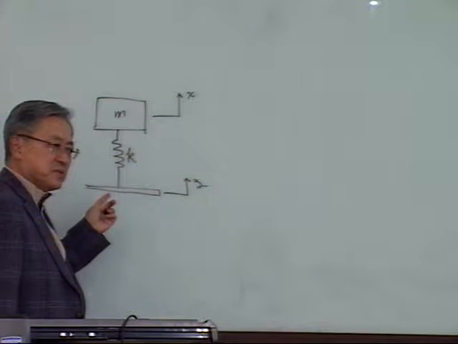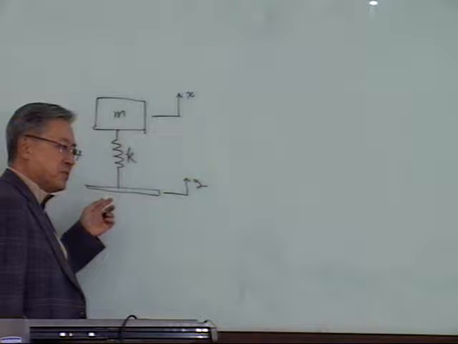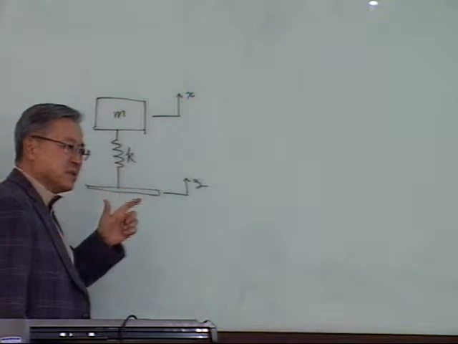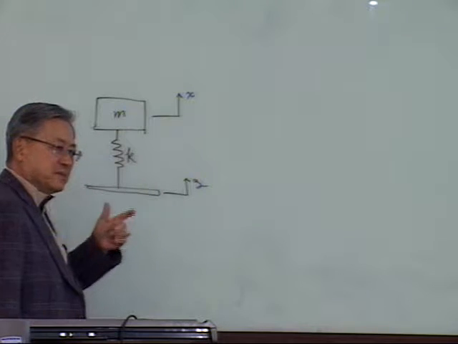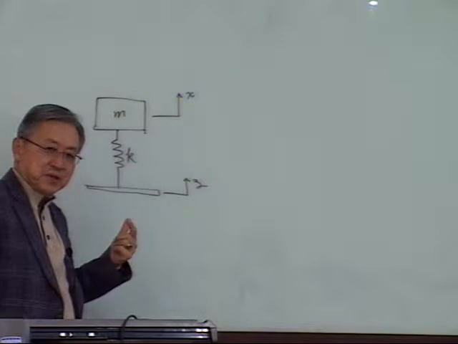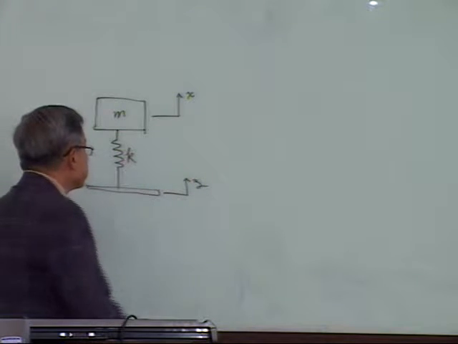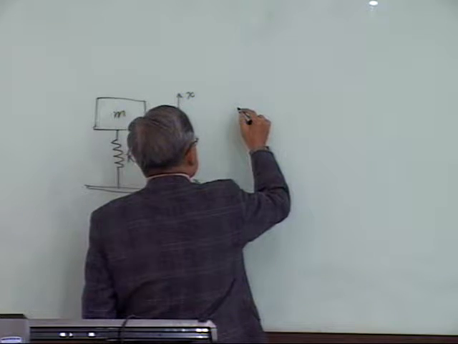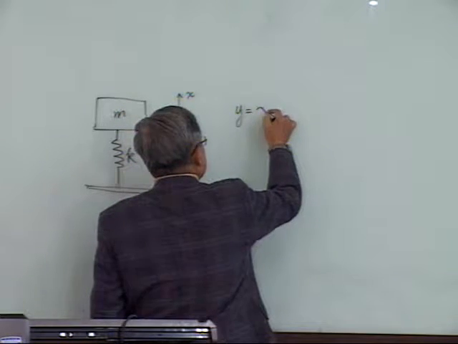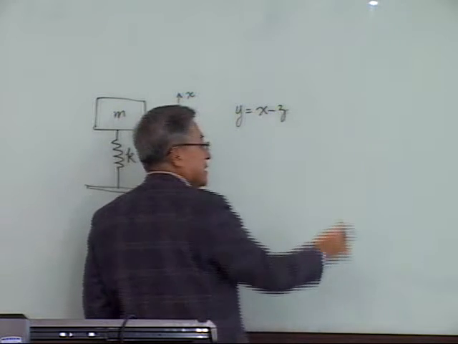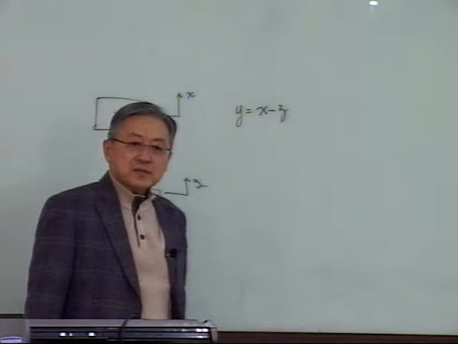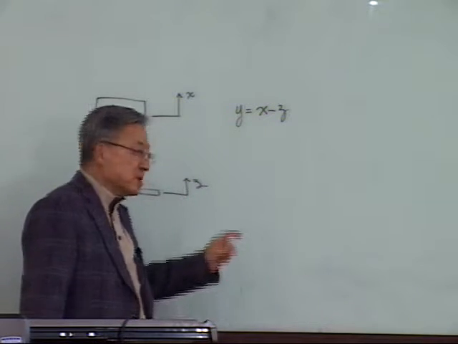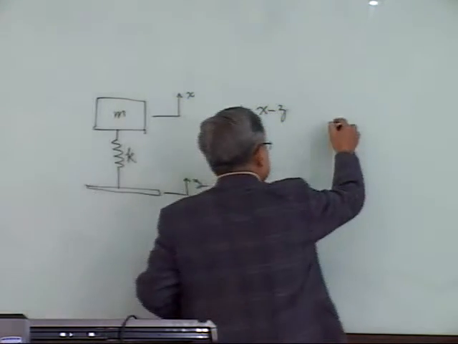Sometimes when I introduce a base motion, people can easily make mistakes, based on my experience over many years. So, here I'm going to say y is x minus z. What do you call the y? Relative displacement, isn't it?